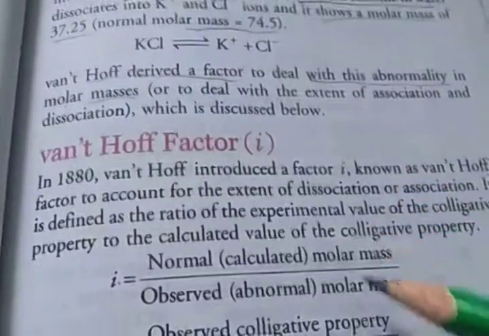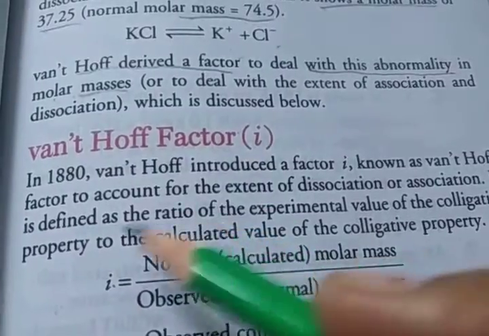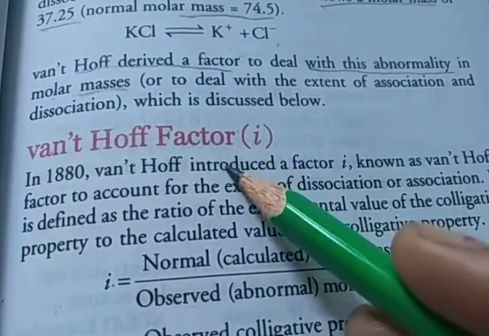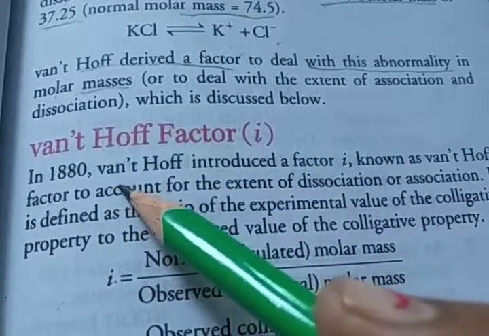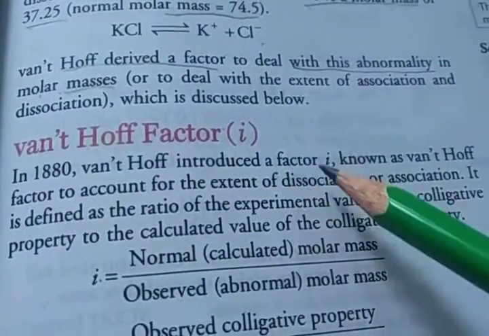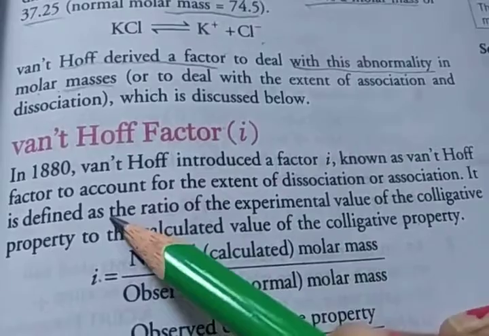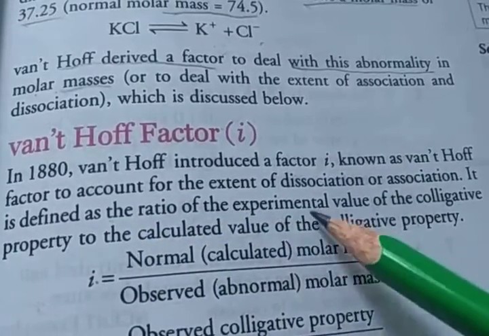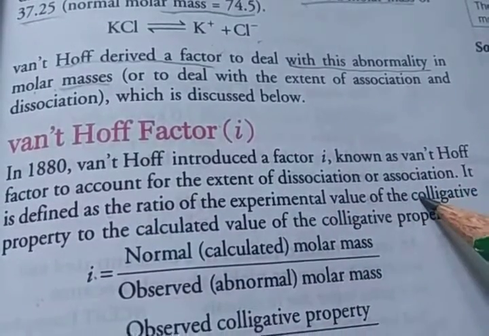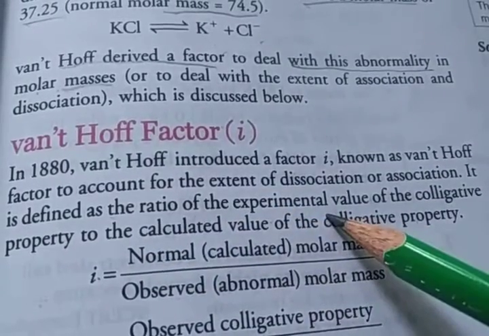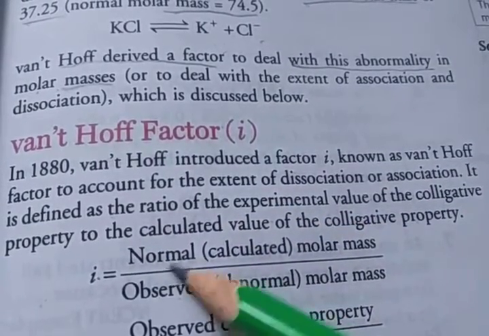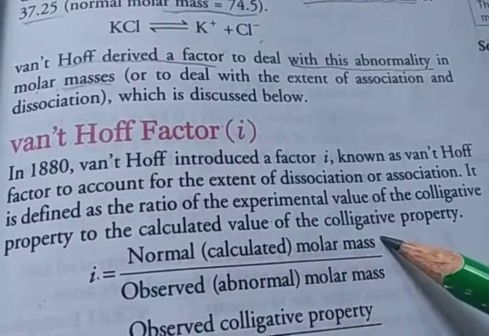This factor is known as the van't Hoff factor and is denoted by small i. In 1880, van't Hoff introduced this factor to account for the extent of dissociation or association. It is defined as the ratio of the experimental value of the colligative property to the calculated value of the colligative property.